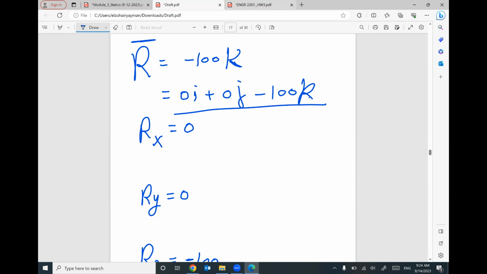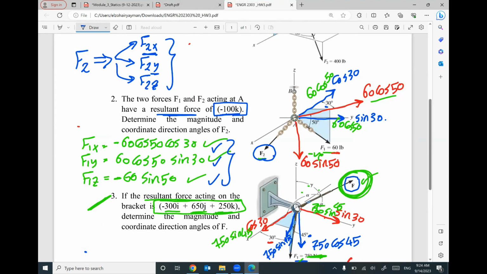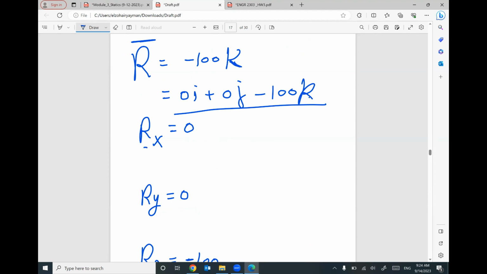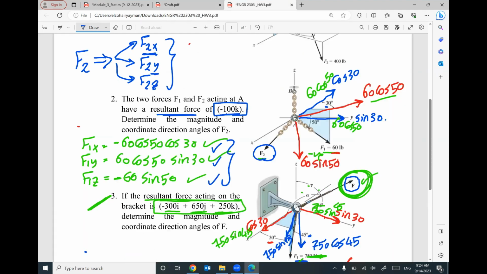Keep in mind, the X component of your resultant originally equals the summation of all X components. We have two, this one and this value. So I can quickly give you these values.